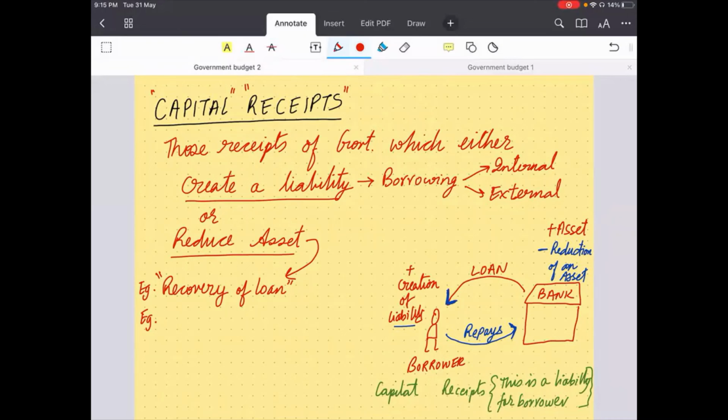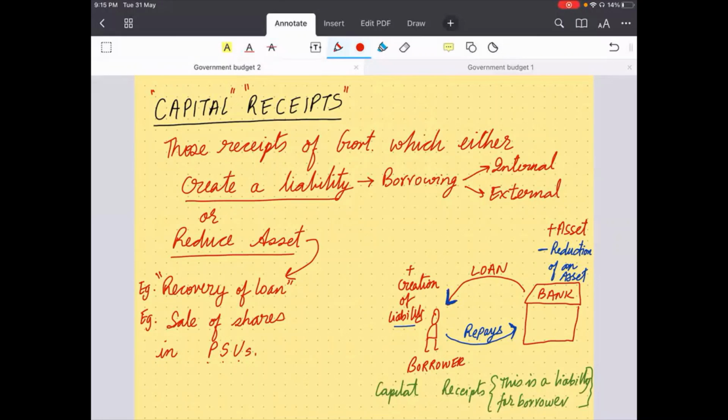And when government sells some of its shares of the companies that it runs, then also it gains some receipt. So we call it sale of shares in public sector undertakings. These are the companies run by government. So capital receipts have to be understood in this manner. I hope this point is clear to us.